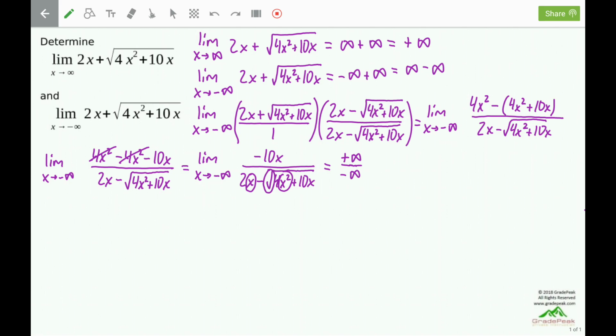However, since x is approaching negative infinity, and at least one of the highest power terms is under a root, it's happening in the denominator here, instead of dividing by x to the first power, we'll divide by negative x to the first power. Therefore, we're going to divide the numerator and denominator by negative x.